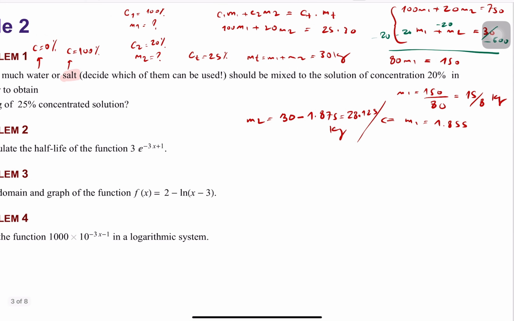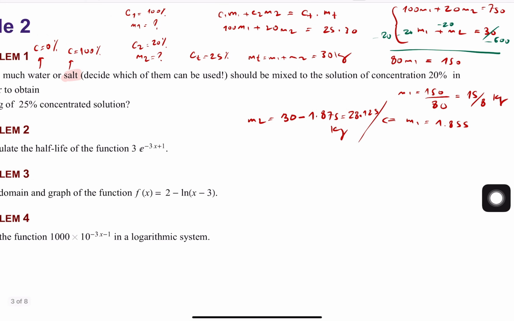Now I use the formula C1M1 plus C2M2 equals CTMT, total M and total concentration. I put the numbers of concentration here: 100 M1 plus 20 M2 equals 25% multiplied by 30 kilogram. And the result will be 100 M1 plus 20 M2 equals 750.